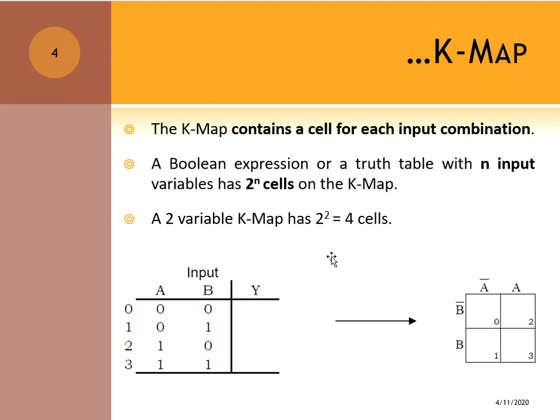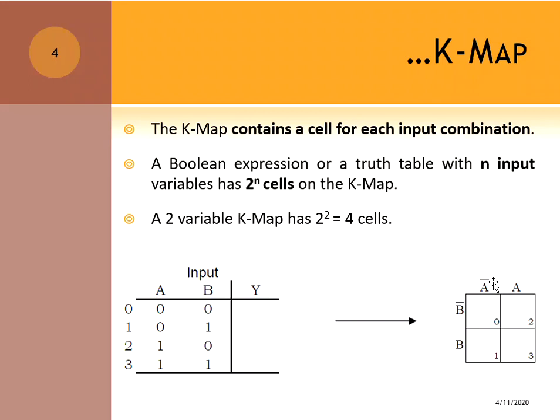So try to recall back what we have learned in chapter 2. In chapter 2, I told you if you have 2 inputs, you're going to have 4 possible outputs. So here if we want to transform this truth table into a K-map, you are going to have 4 cells because you have 2 inputs and 4 outputs.